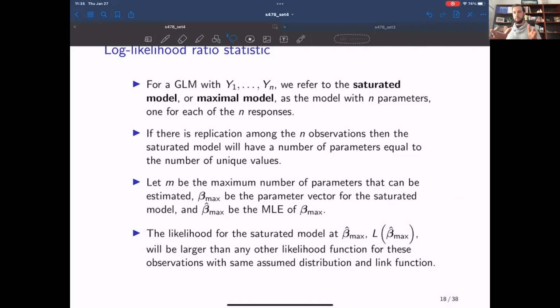So we're always comparing models within the same family. The likelihood for the maximal model will be larger than the likelihood for any other MLE of a subset model, given the same family and the same link function. Any questions?